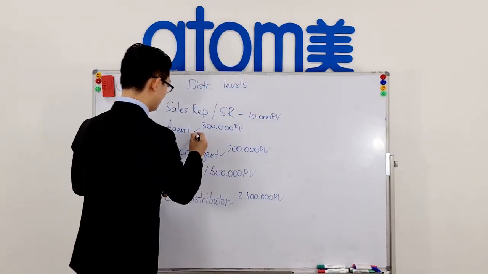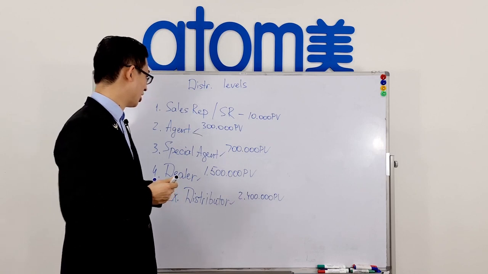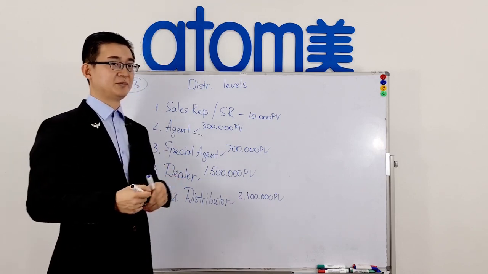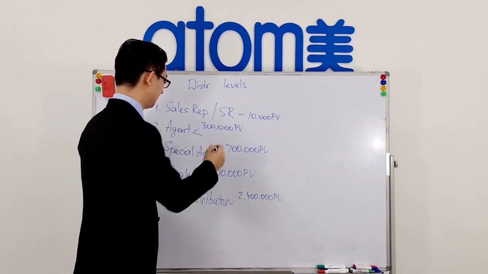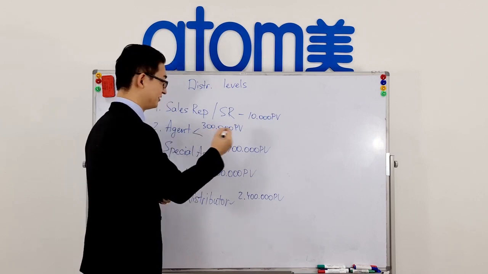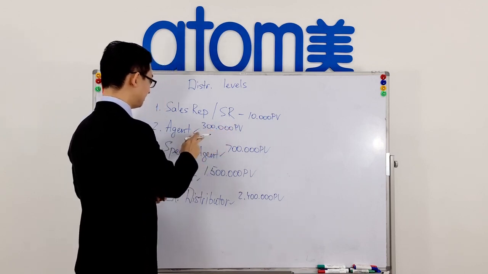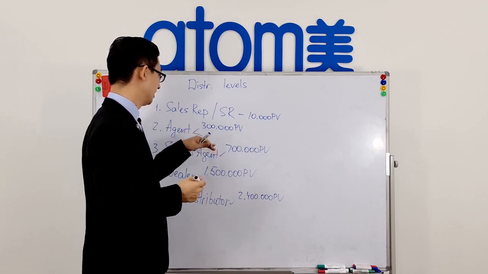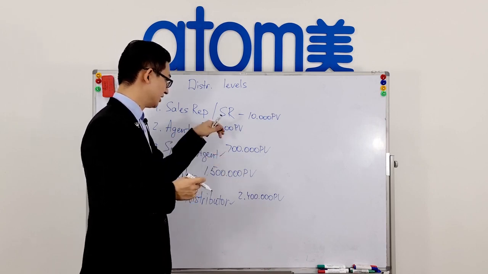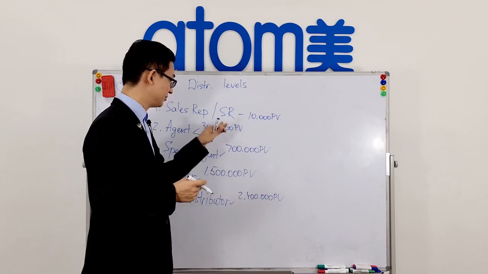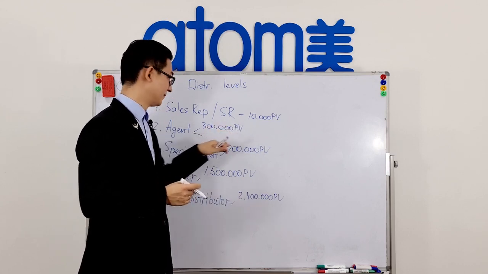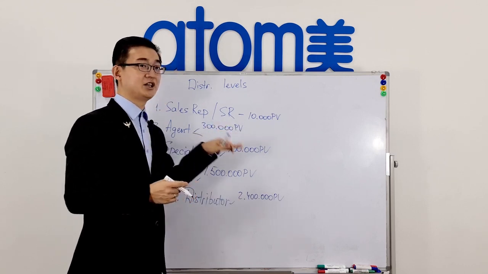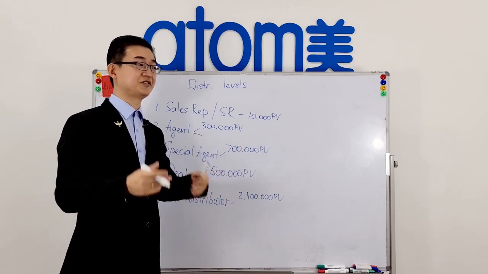So another way to grow on your distribution levels may be a little bit more complicated, but you need to understand this. So the first option is to grow on your distribution levels via your personal PV. The second option is via your group PV, so via your sales.